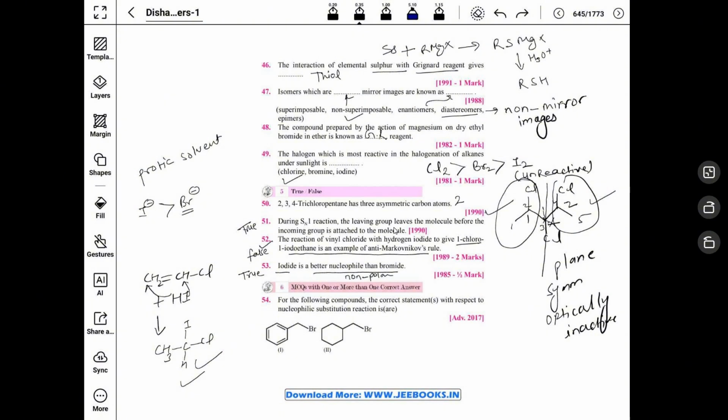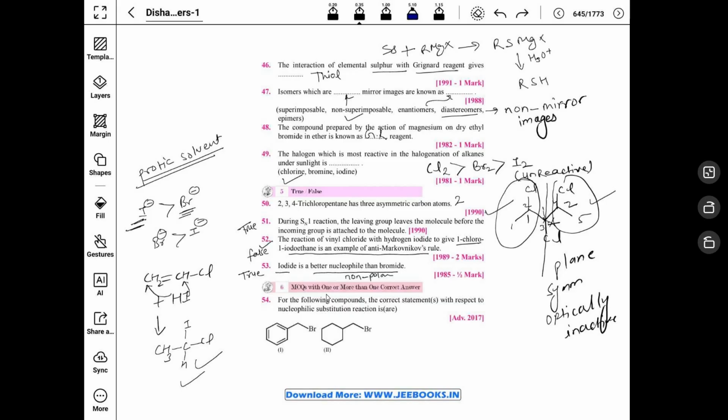So the question is not very clear to me, because iodide is a better nucleophile when you are talking about a protic solvent medium. But in a non-protic solvent, bromide is a better nucleophile than iodide, because in the case of iodide, electron density gets dispersed and hence its nucleophilicity decreases as compared to bromide. We also have to consider solvent effects. So this question is quite unclear because it is not fully described. But you should remember this order of nucleophilicity: in a non-protic solvent, bromide is a better nucleophile than iodide.